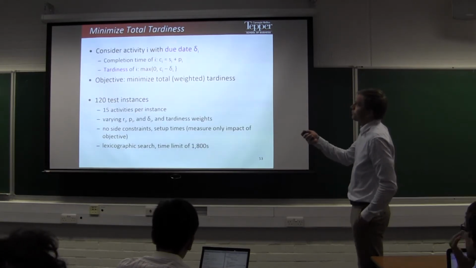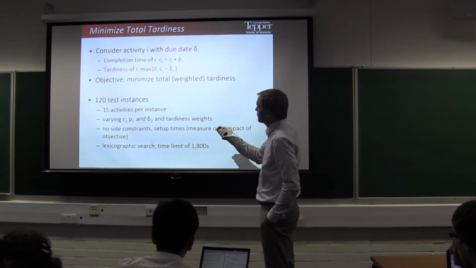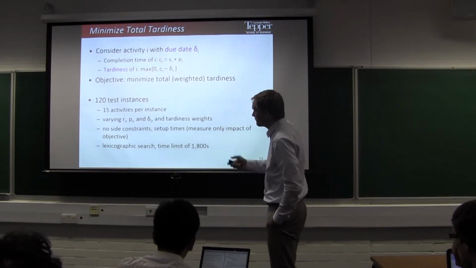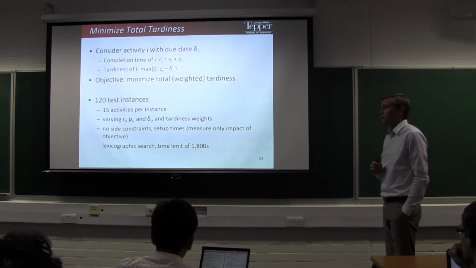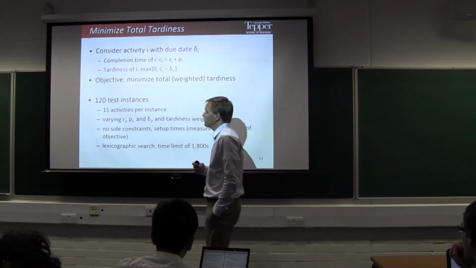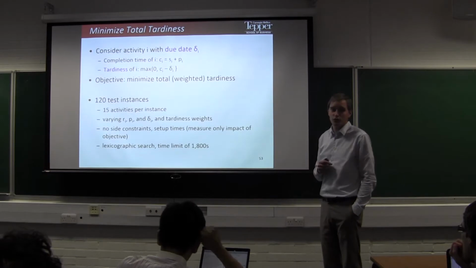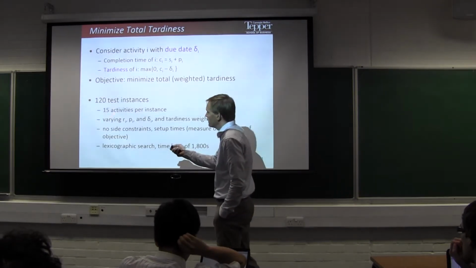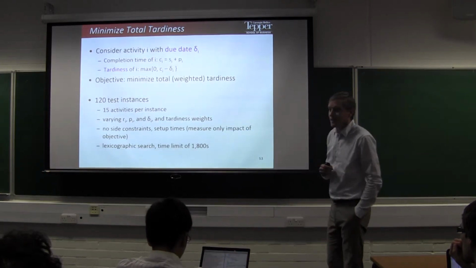Another example would be total tardiness, where you look at the tardiness of each task, so it's either on time or using a tardiness factor, and you want to minimize the weighted tardiness, which is extremely difficult to solve optimally. If you are used to solving planning problems with thousands of activities and tasks, you're not going to be very impressed by a 15 activity instance.